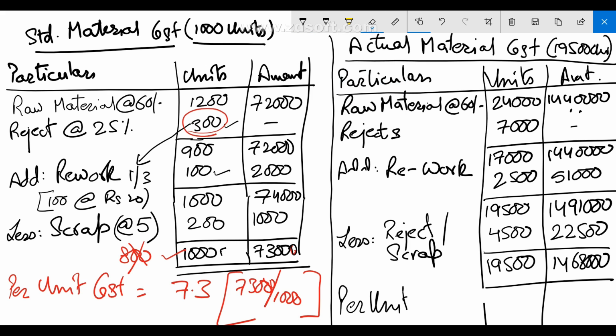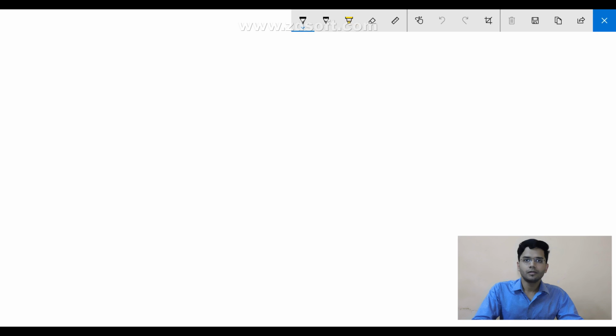Let's see. The per unit cost should be 14,68,000 divided by 19,500, and it should give you an approximate figure of rupees 75.28. So this is the per unit cost which has been computed by us in the question.